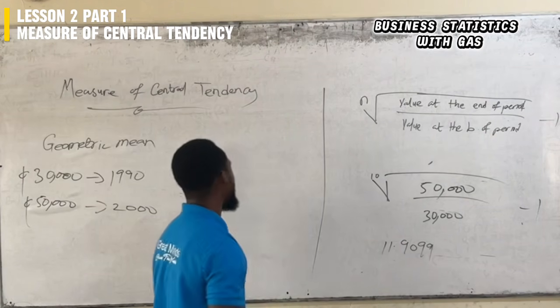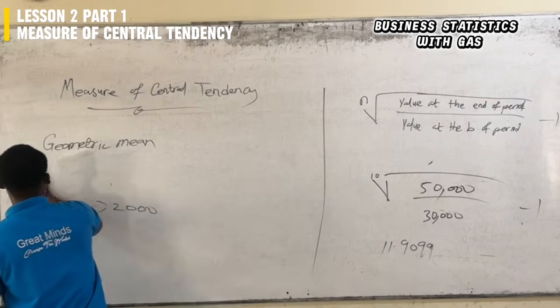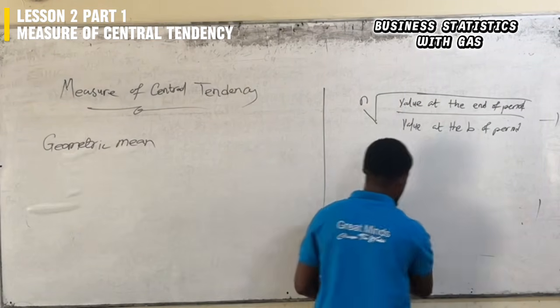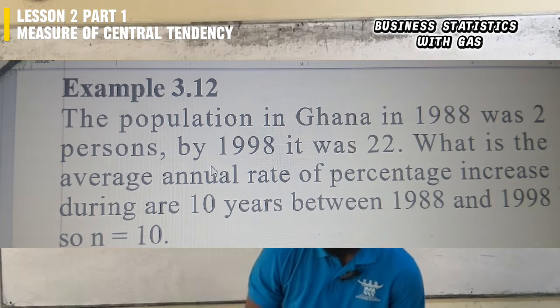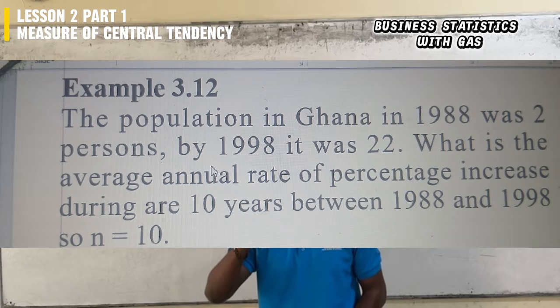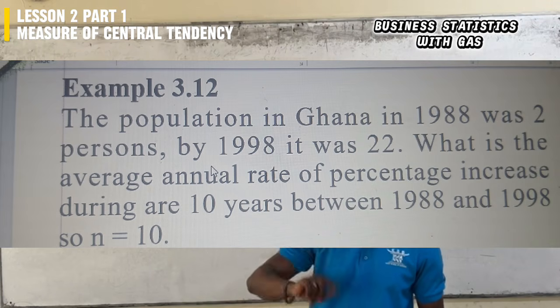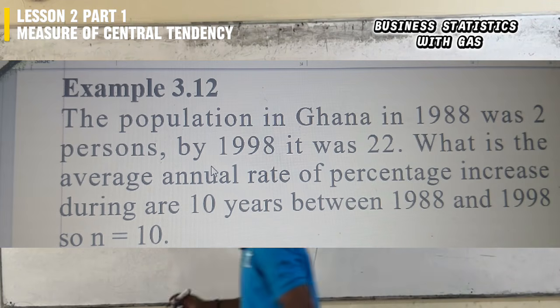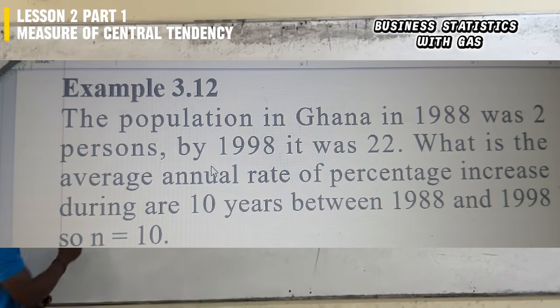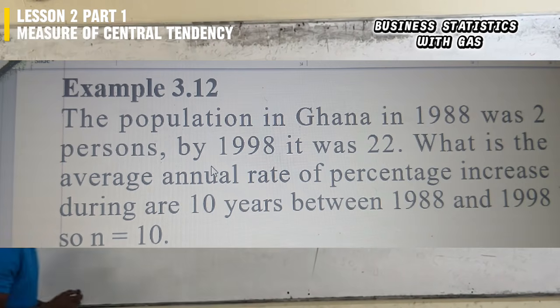So we move on to another example under the application of the geometric mean. It says the population in Ghana in 1988 was 2 persons.